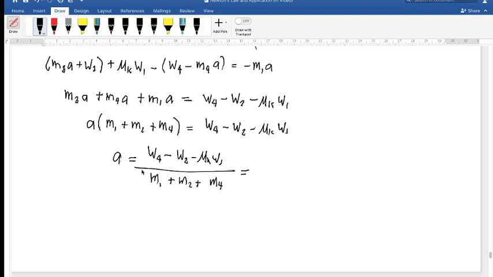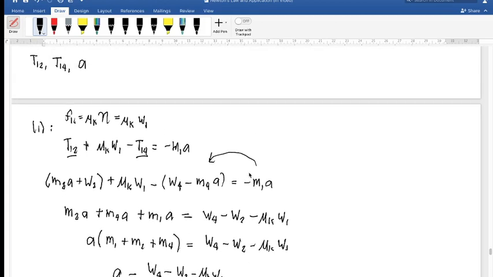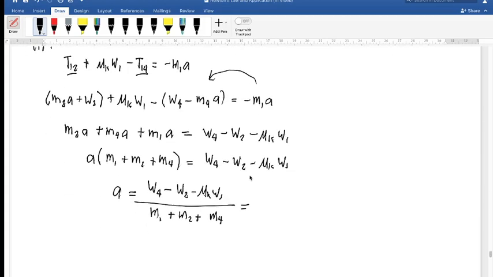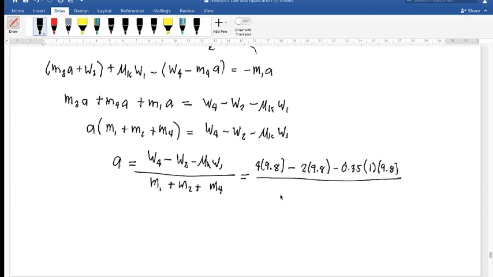So simplifying to find the acceleration, the weight of 4 is actually equal to 4 times 9.8, right? Because its mass is 4 kg. And the weight of 2 is 2 times 9.8, and mu k is equal to 0.35, which is given, and the weight of 1 is 1 times 9.8, then divide by the total mass.